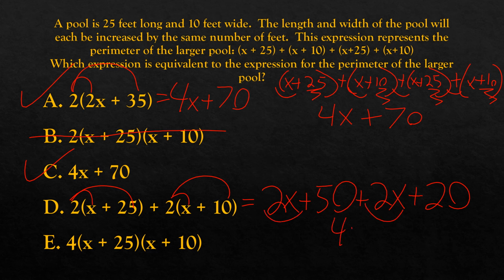We've got 4x plus 70. Okay, yep, that one works. And again, looking at E, we already know that's going to be a quadratic. So I'm going to cross that one out. So there are your answers, A, C, and D. Awesome.